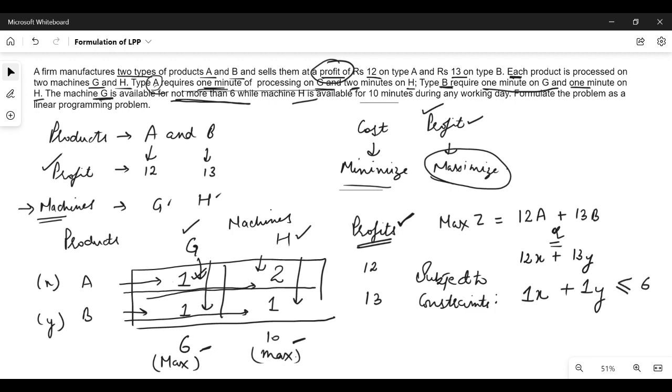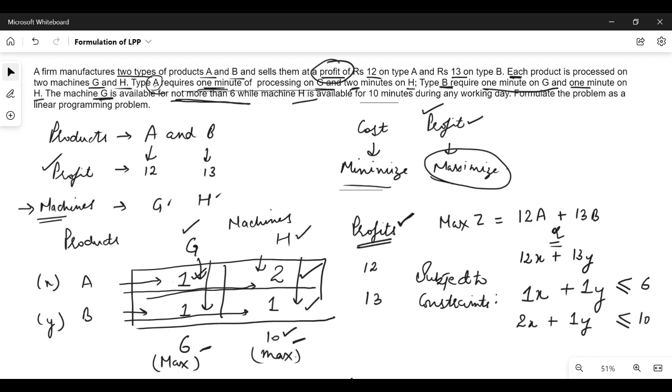It means that we can use G machine either for 6 minutes or for less than that, but not more than that. In the same way, another equation is 2x, that is for the H machine, plus 1y, that is for this H machine. You can see here that type B requires 1 minute of processing on H, and the maximum time used for machine H is 10 minutes.